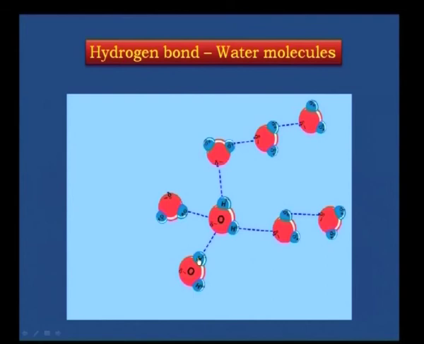In the other cases it is generally called secondary bonding. The last one is called the van der Waals interaction, wherein the bonding occurs between permanent dipoles. Hydrogen bonding is a special case of secondary bonding.